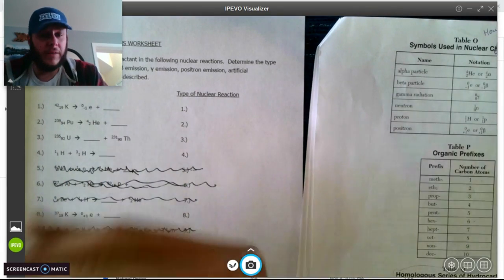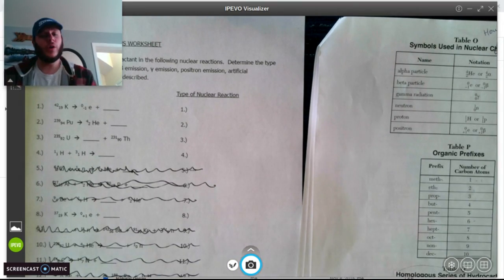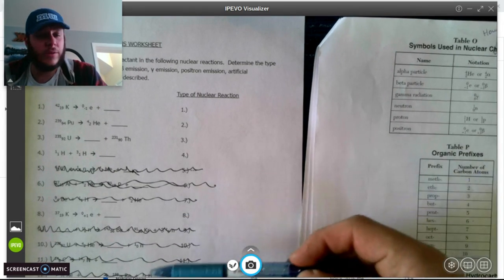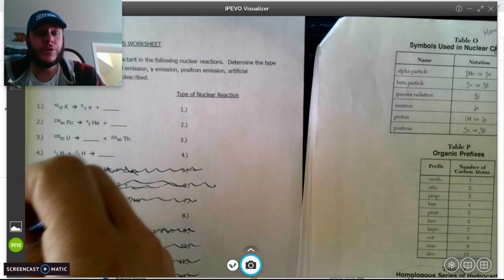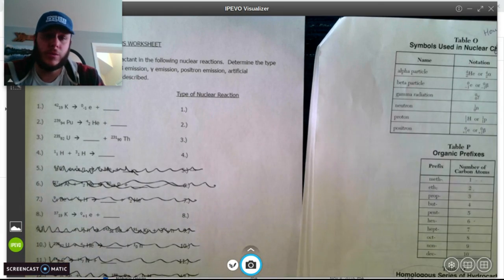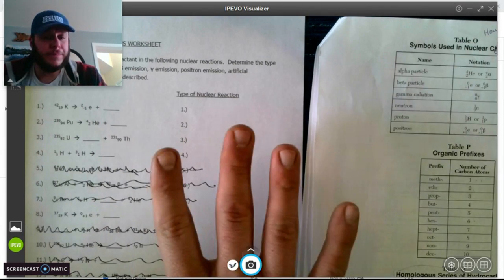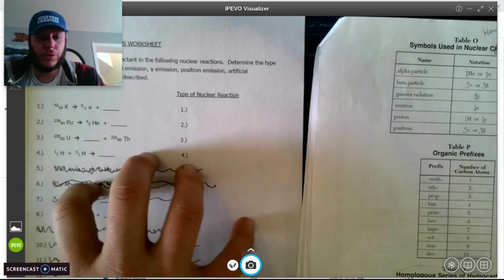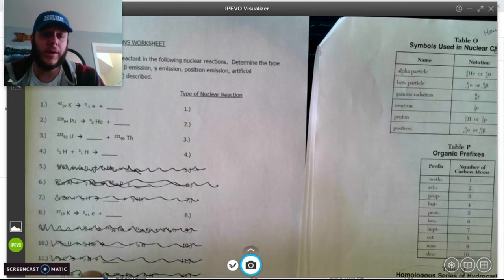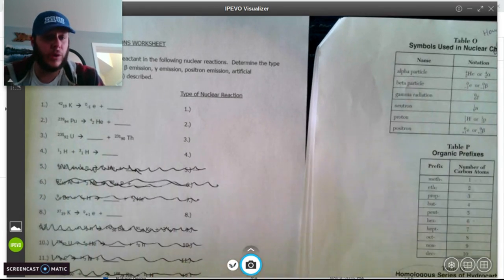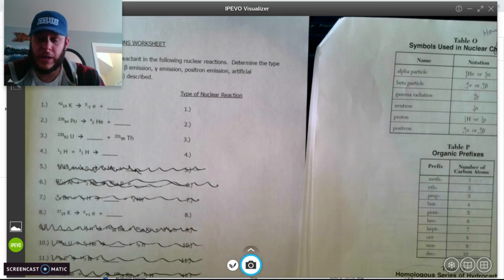Just so you know what we're going to do here, I've crossed out artificial transmutation questions because we haven't covered that yet. We'll cover that and revisit this, but I've gotten rid of them for now. This first worksheet, I'm going to work through the whole one. I'm going to upload it so you can follow along and have something to write on, or you can just write on a blank piece of paper.